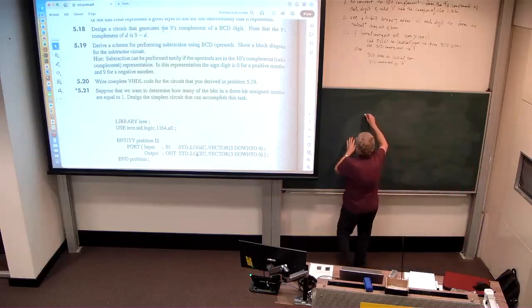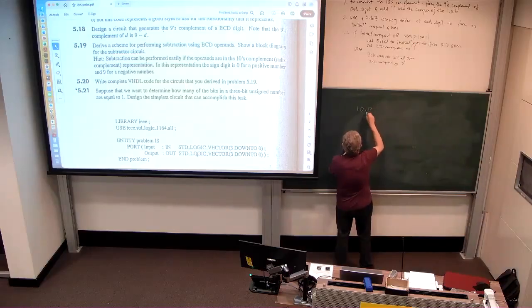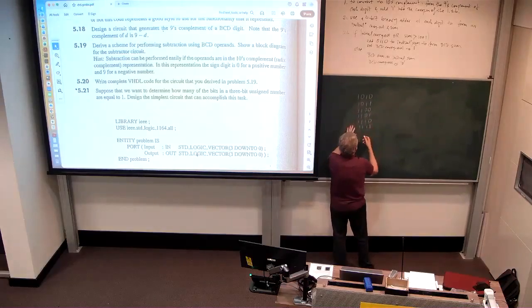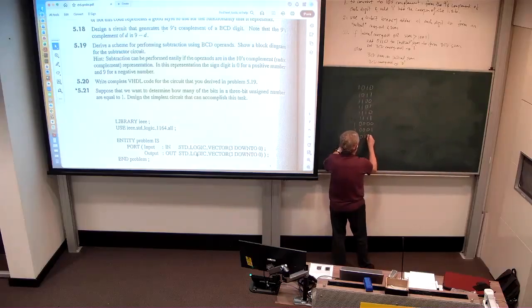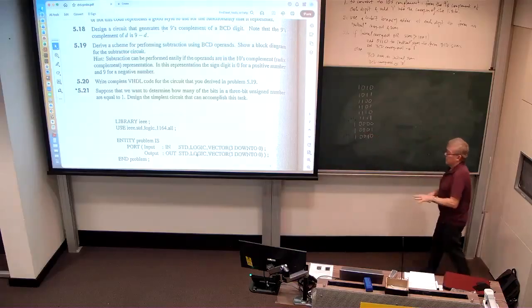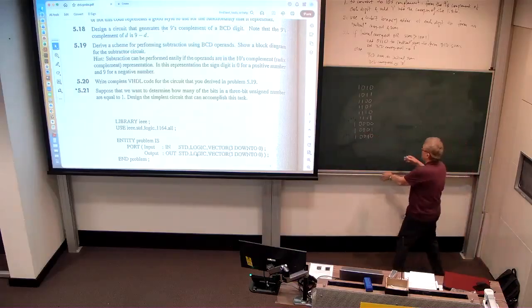So we're worrying about the binary values from 10 up, and we're also worried about 1 0 0 0 0. That's 16, 17, 18. And that's the maximum that we can get because 9 plus 9 is 18 at most.